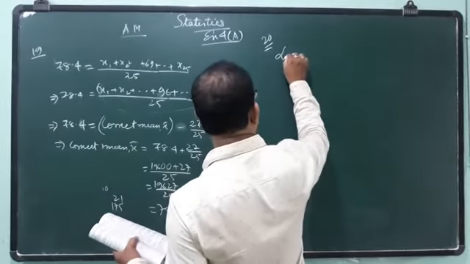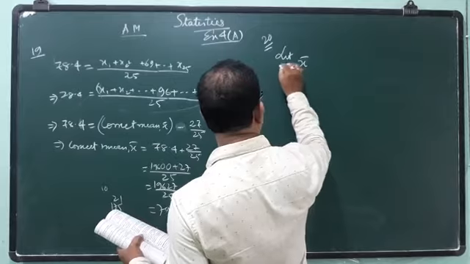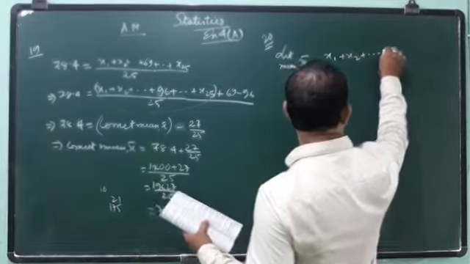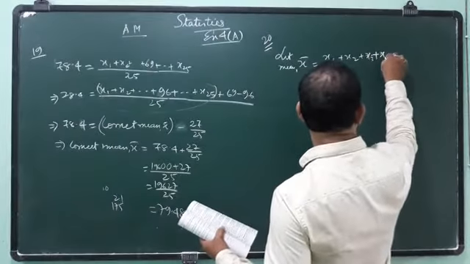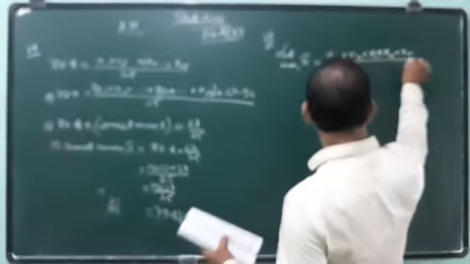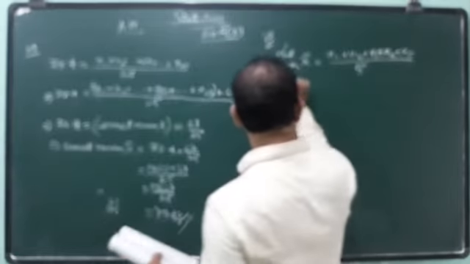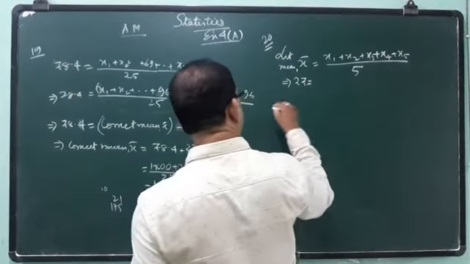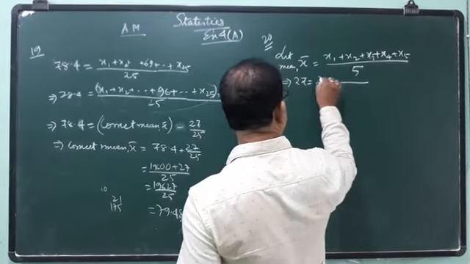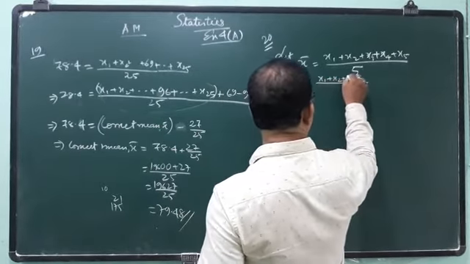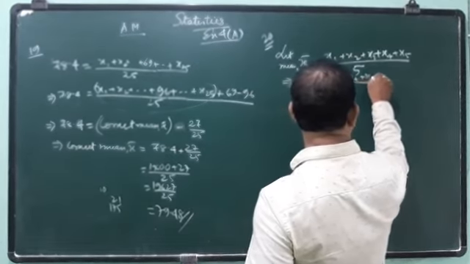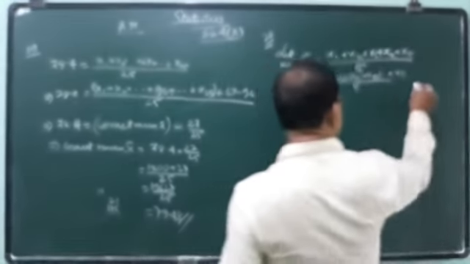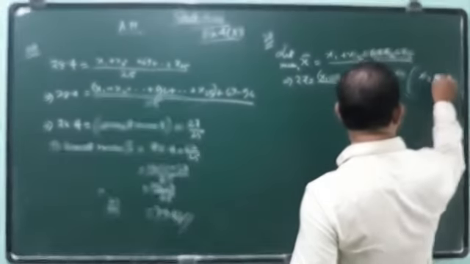So let the mean x bar be equal to x1, x2, x3, x4, x5, whole thing divided by 5. They have given this as 27. And suppose x3 is the excluded number.